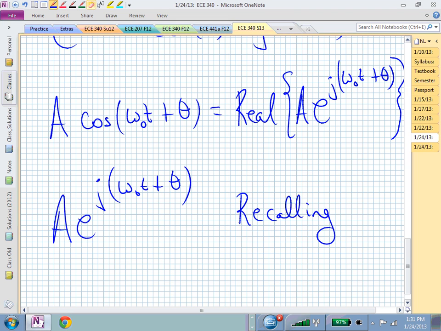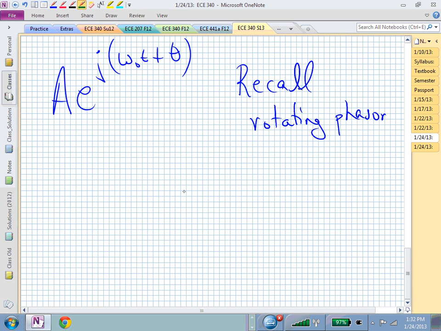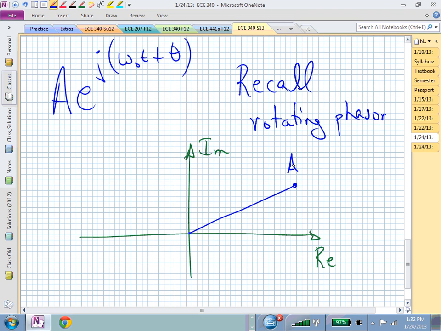So now we're just going to say, let's just call these rotating phasors. So that we now have this real part, the imaginary part, and the phasor has a length of A, and this is going around defined by this omega sub naught t plus theta.